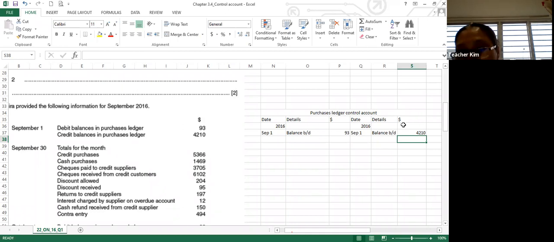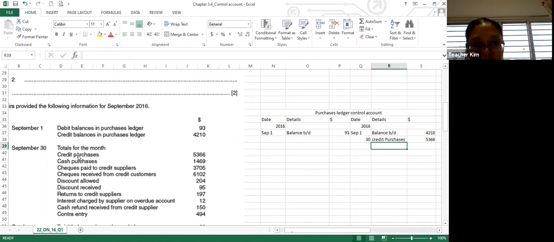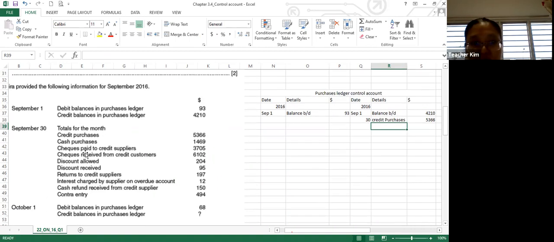Try to memorize the position of the account. If you still cannot, I also can't. Credit purchases, the double entry is with debit purchases, so automatically we credit the supplier. So this is a supplier, and we put purchases 5366. Take note that this is only taking the credit purchases. Don't take the cash purchases. They're trying to confuse you.